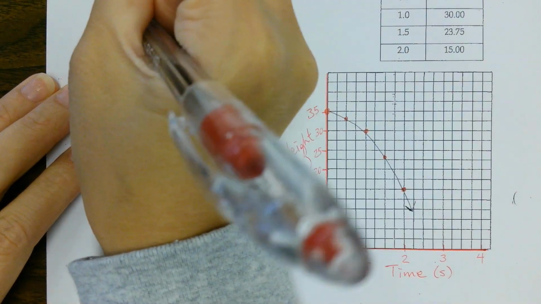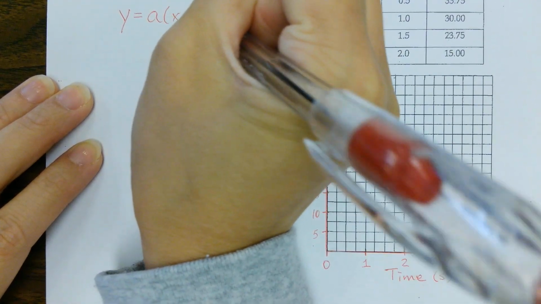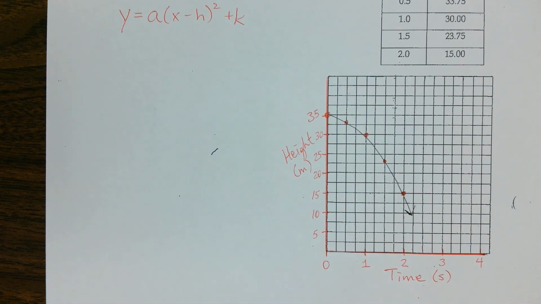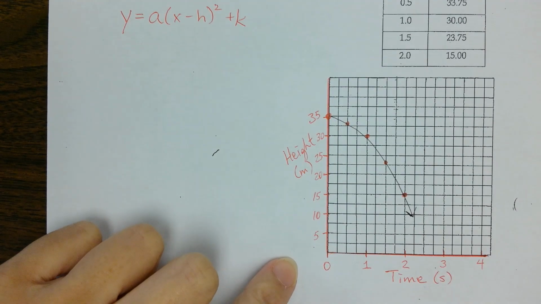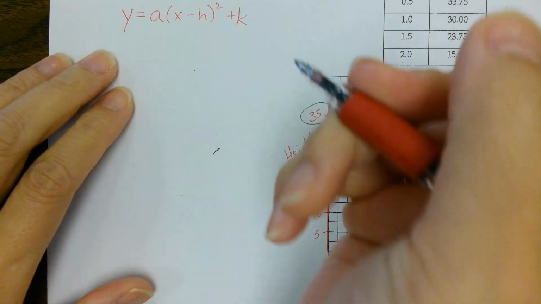Okay, so standard equation, y equals a(x minus h) squared plus k. What's my vertex in this case? Yep, 0.35 is your highest point. So that diver is at their highest point, 0.35.